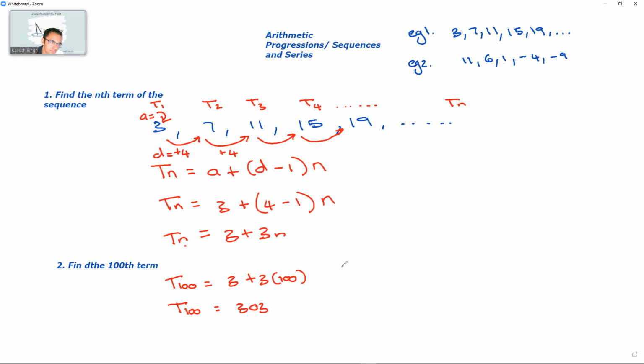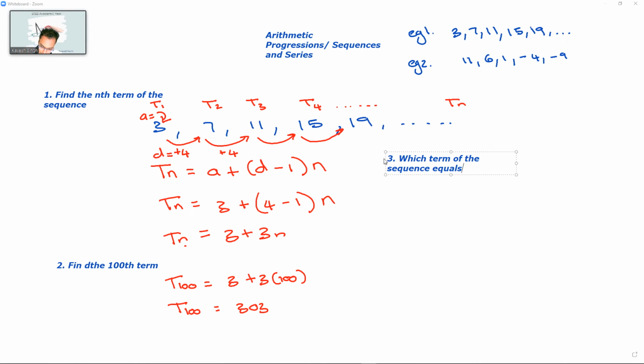Okay. The next thing they can ask you is which term. Question 3: which term of the sequence equals, and they give you a certain value they want you to calculate.